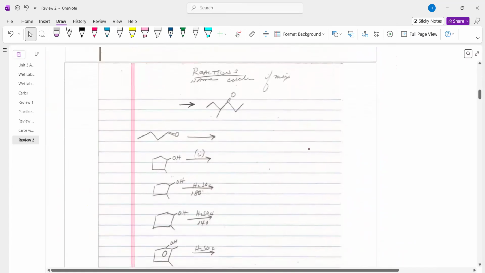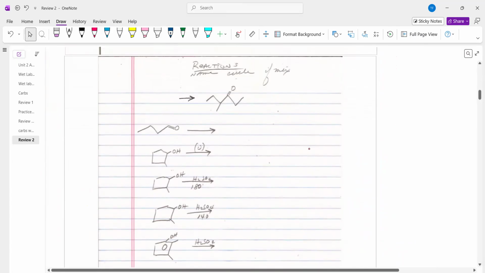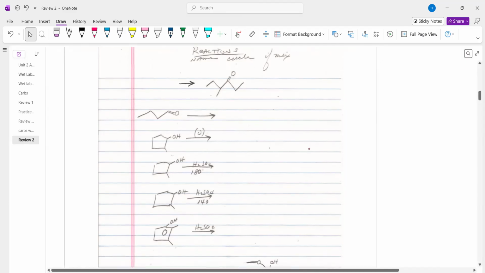All right, let's talk reactions now. Why don't we make a ketone?